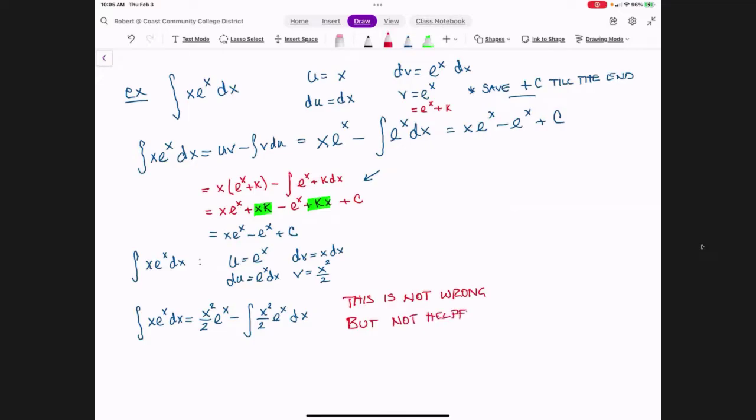All right. The whole idea with this integration by parts business is we want to make sure that the integral that we're left with is at least similar, if not easier, than the one that we started with. Okay.